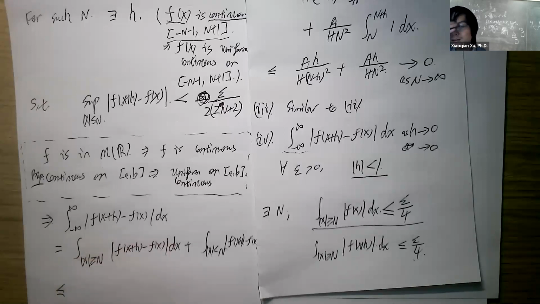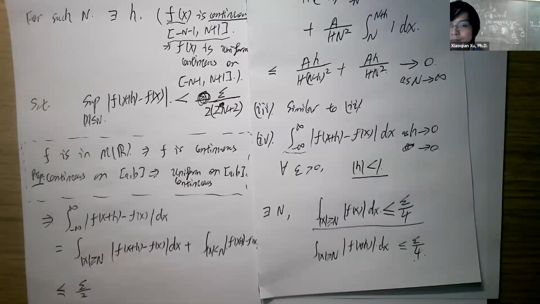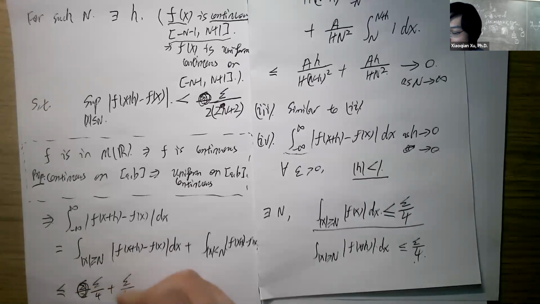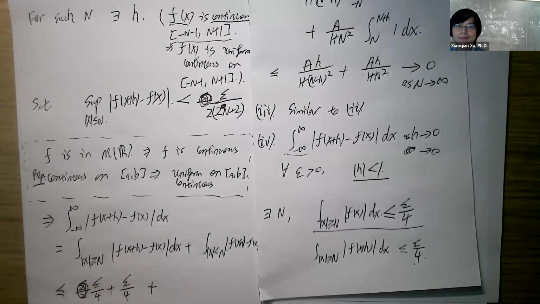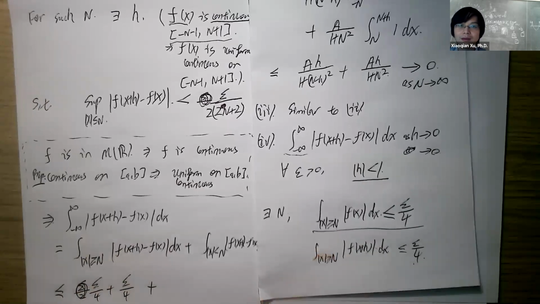So the first part is less than or equal to epsilon over 2, that is, epsilon over 4 plus epsilon over 4. Is that clear?